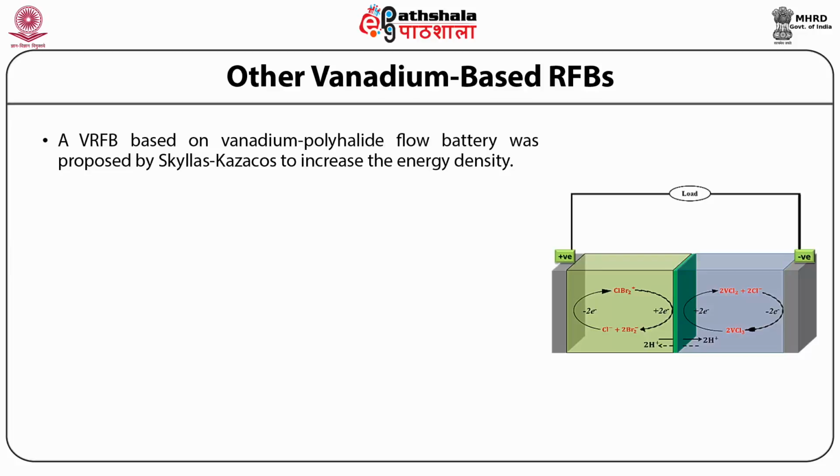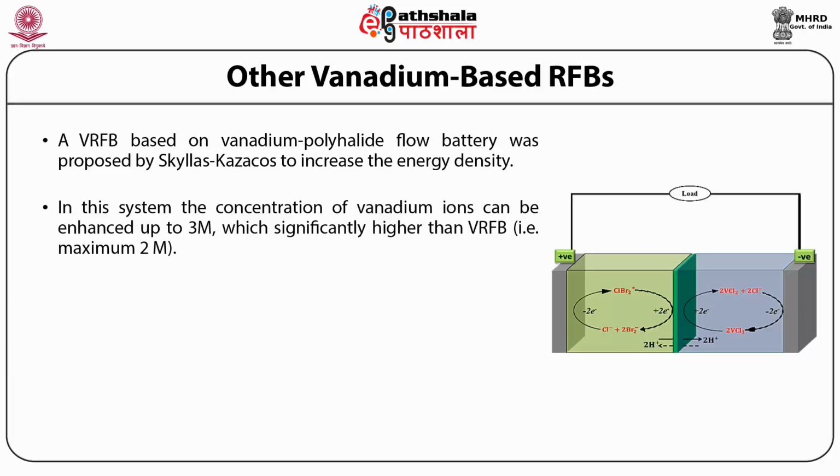This system uses VCl2 or VCl3 redox couples as negative reactants, and Br-, Cl- or ClBr2- redox couples as positive reactants in the respective half cells. In this system, the concentration of vanadium ions can be enhanced up to 3 molar, which is significantly higher than the VRFB, that is a maximum of 2 molar.